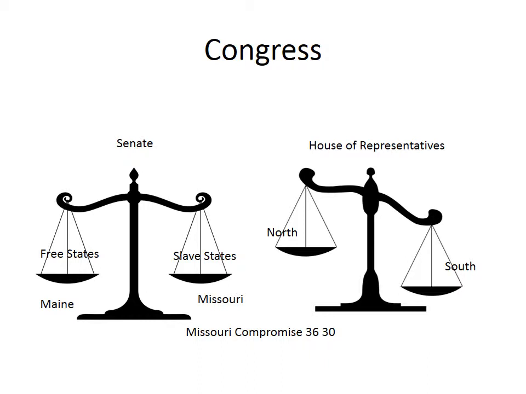With westward expansion and immigration, your northern free states have more people, so the House is dominated by free state representatives. It becomes very important for the South to keep the Senate. Your Senate is always going to be equal, but with immigration and westward expansion, the North is gaining representatives.